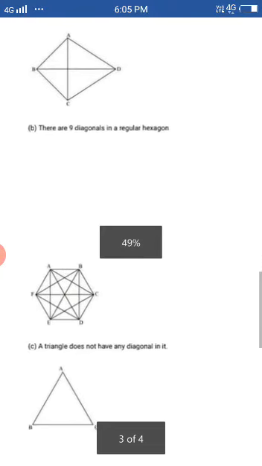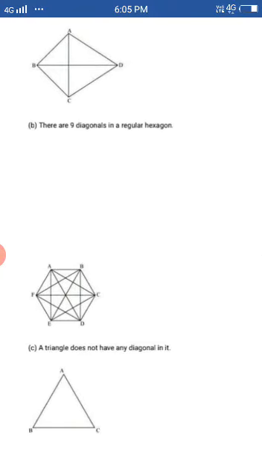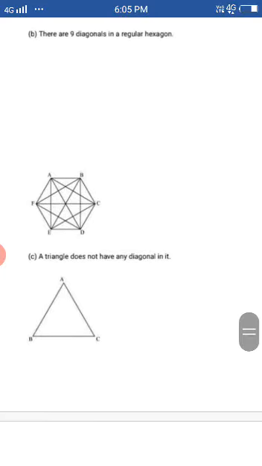As you can see, a hexagon ABCDEF, and how many diagonals are there? 9 diagonals are there in a regular hexagon. Now a triangle does not have any diagonal. Triangle के कोई भी diagonal नहीं होते.